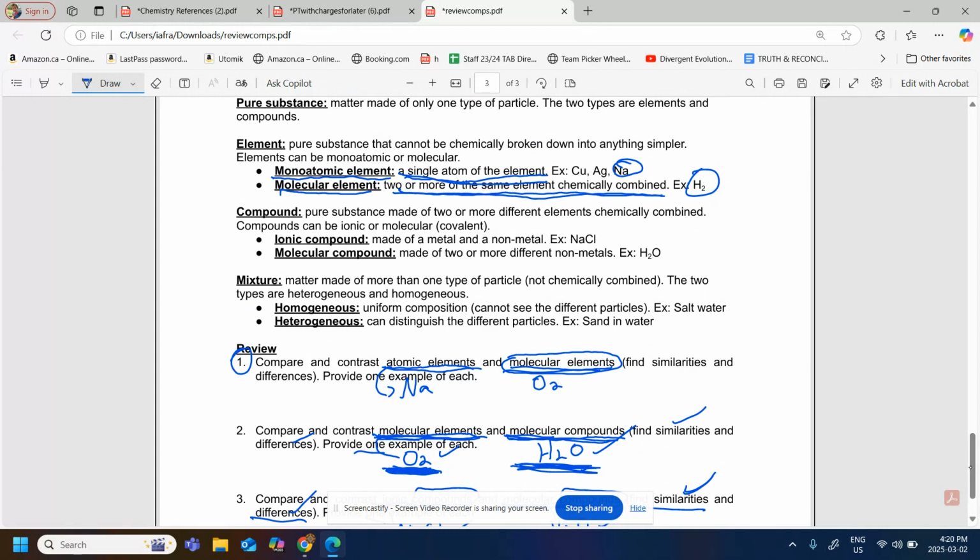They're only one type of atom. That's a similarity. However, for atomic elements, it's only one of the atoms. For molecular elements, it's two or more of the same atom connected together. So it's only one for atomic element, but two or more for molecular elements. Then I gave an example of each, Na and O2.